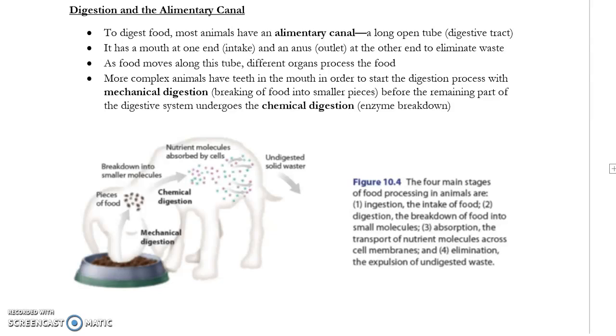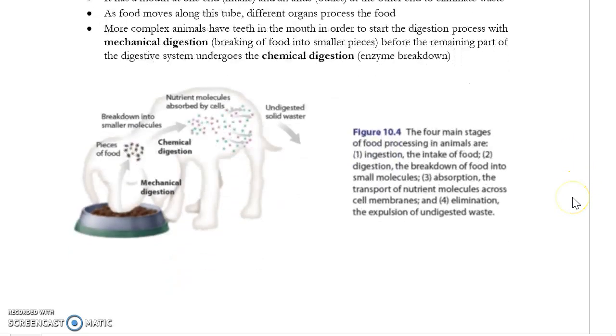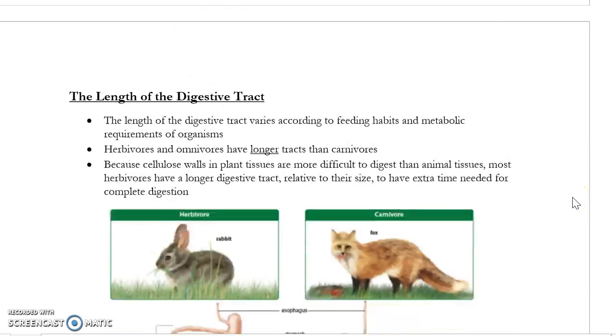So you have an input and an output, mouth at one end and the anus at the other. Food moves along this tube, and at different points, different things happen. Sometimes mechanical digestion happens, sometimes chemical digestion happens, then absorption happens. This all happens in this one canal. Okay, so think of it as one long open tube. And that's where all your digestive system occurs.